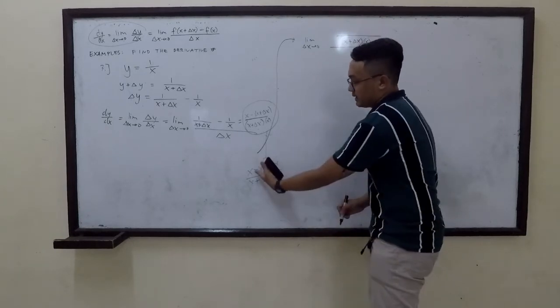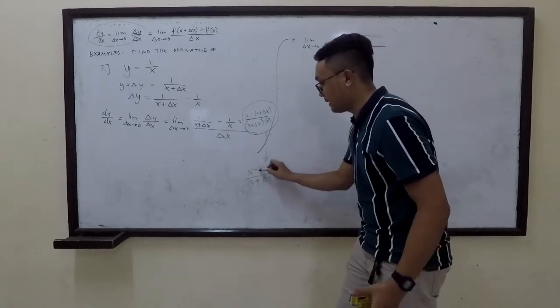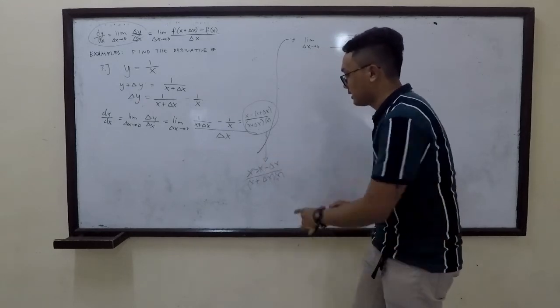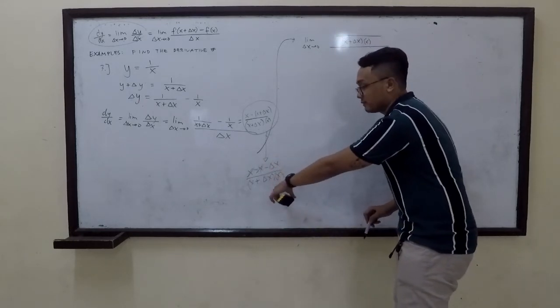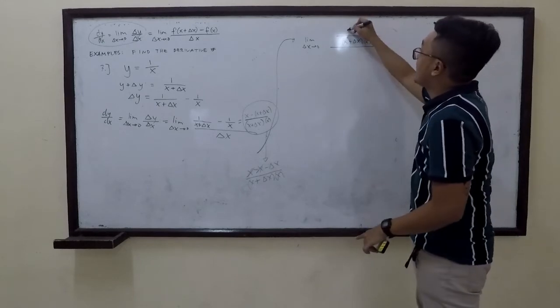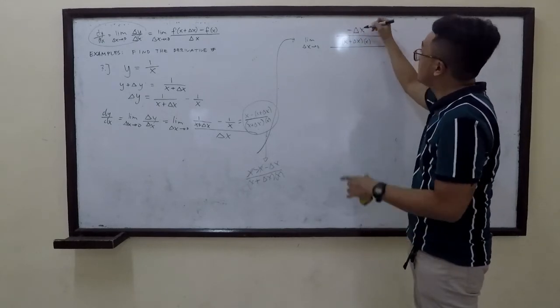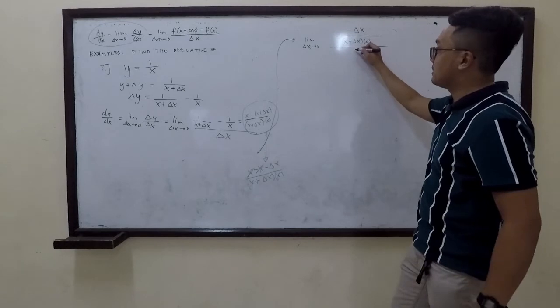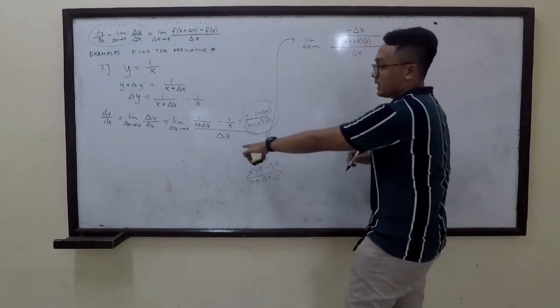Then since pareho, x minus x cancel. Ang nabilin na lang, delta x sa taas.